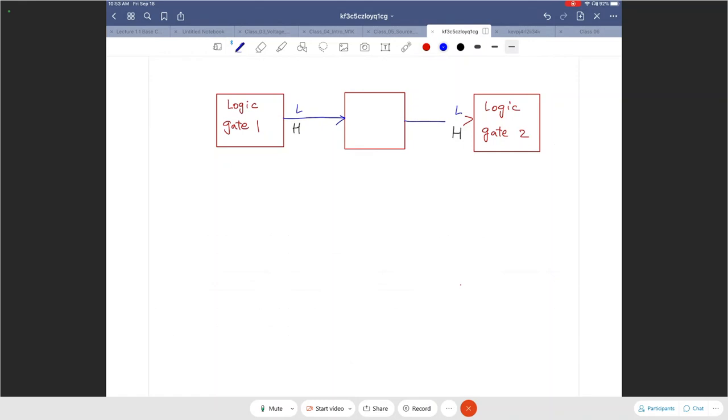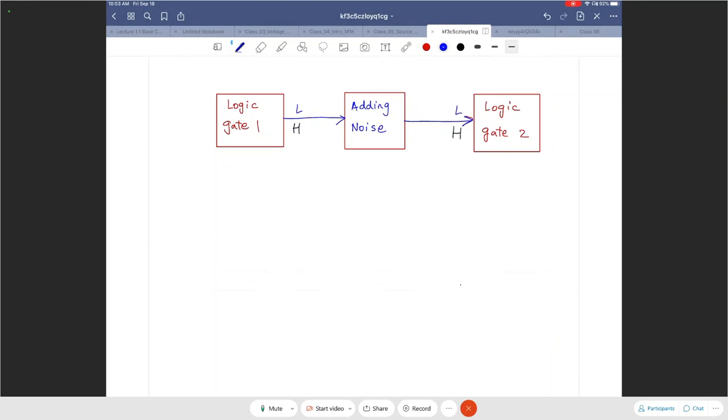Where in the middle, noise may be added due to noise creating factors: digital noise, thermal noise, any noise in the circuit. That is not on purpose, it is accidental, of course.